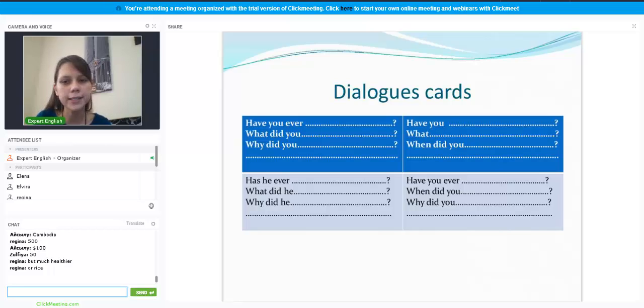And the more they practice, the better it is. This is a worksheet just for one student, and one student covers 4 dialogues, asks 4 questions, then the other student does the same.